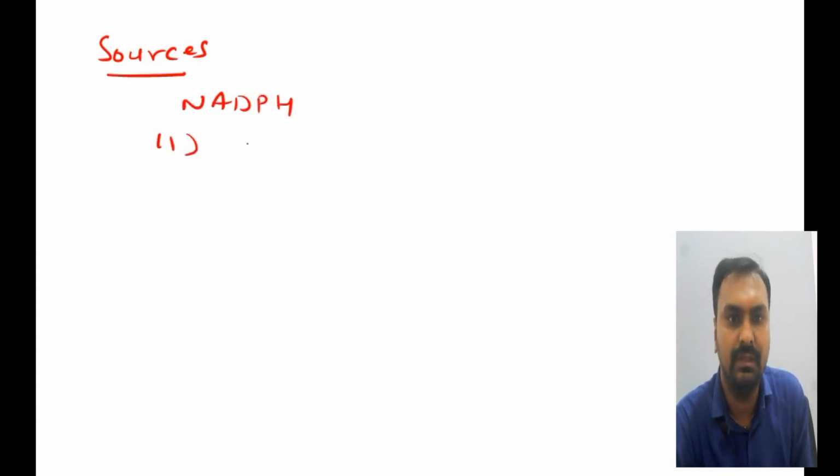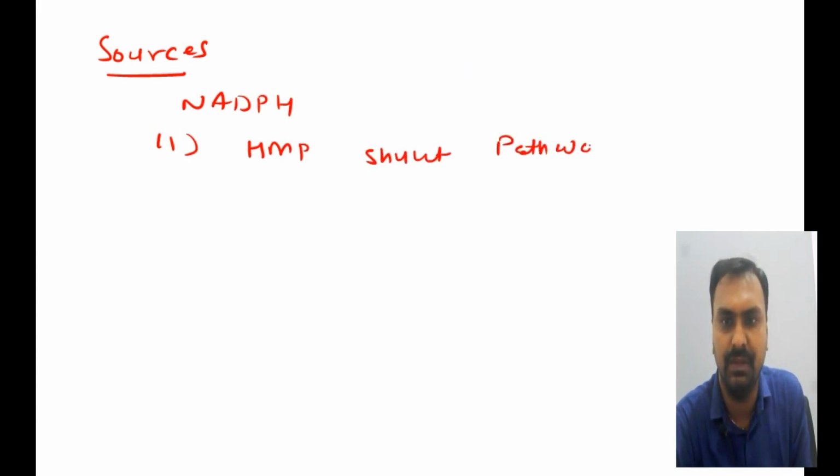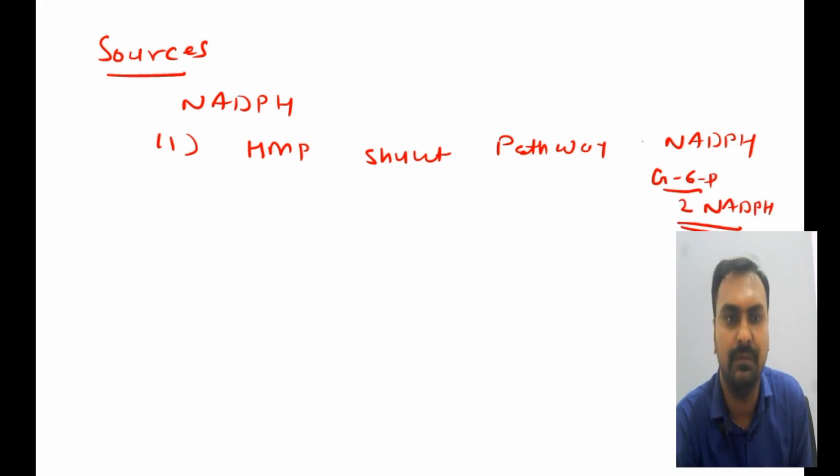The main source is the HMP shunt pathway, the hexose monophosphate shunt pathway, which produces NADPH. So one molecule of glucose 6-phosphate will give 2 molecules of NADPH, which is required for fatty acid synthesis.